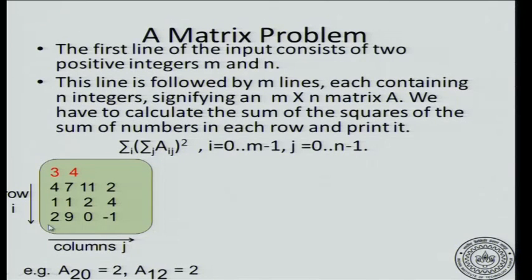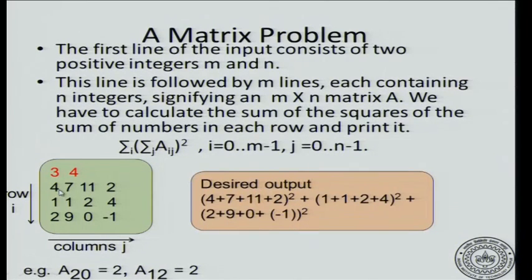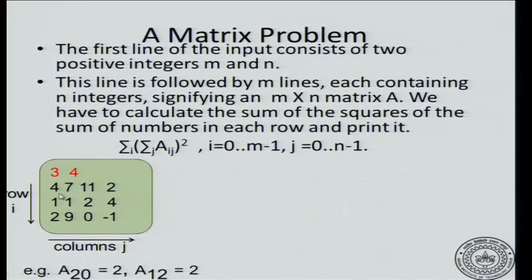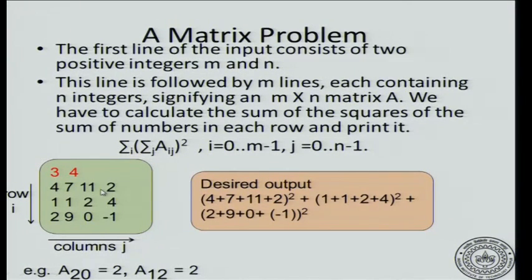Note that second row means we start with row 0, then row 1, then row 2, and 0th column is the first column. So A20 is this number, which is 2. Similarly, A12 is row number 1, column number 2, which is also 2. So the desired output that we have is (4 + 7 + 11 + 2) whole squared, and so on.